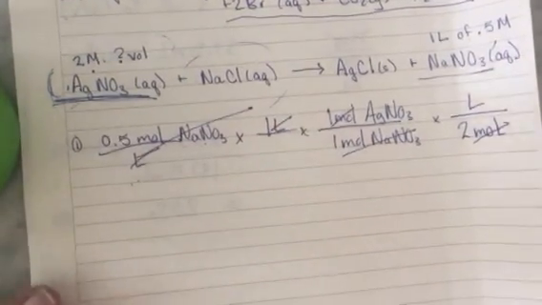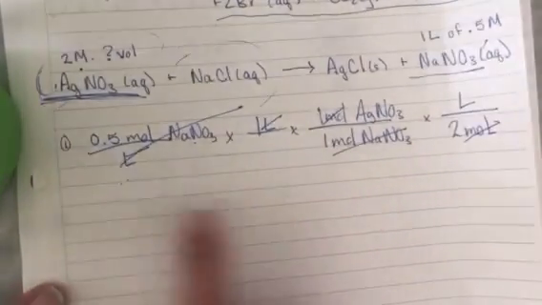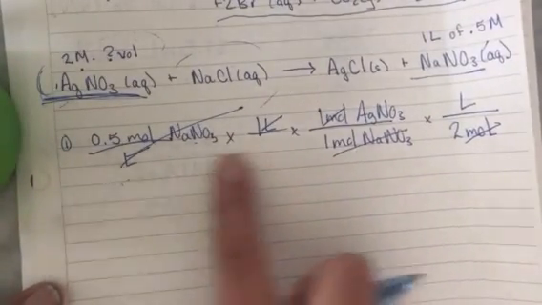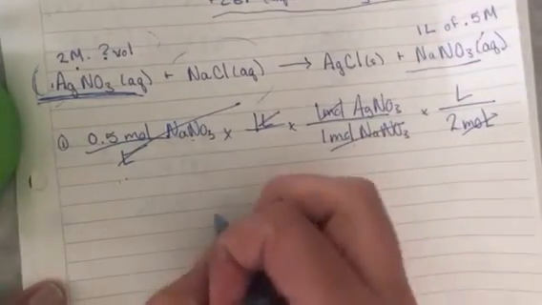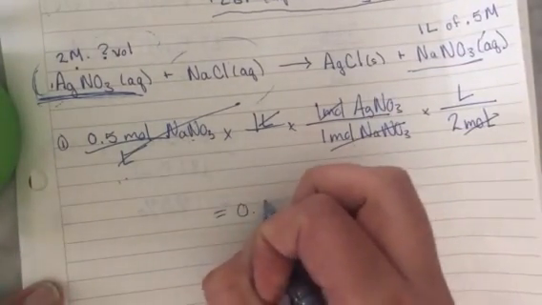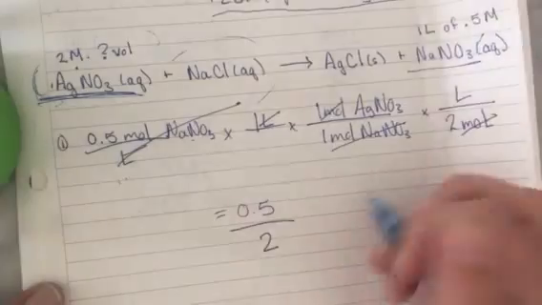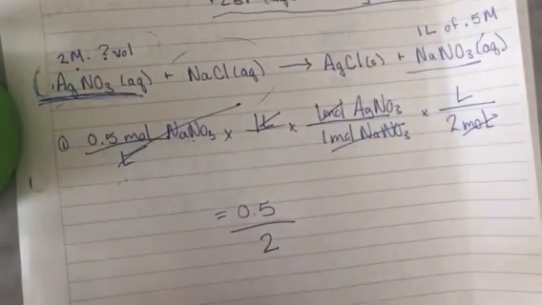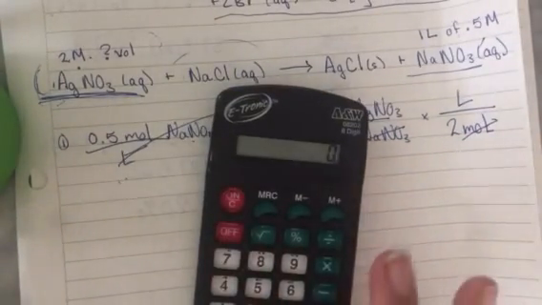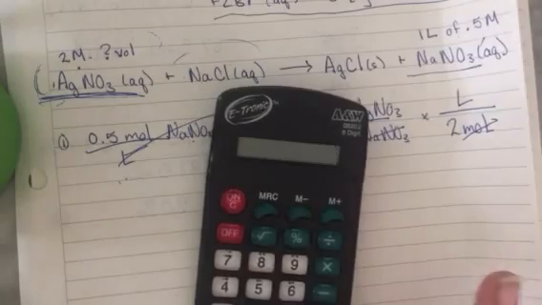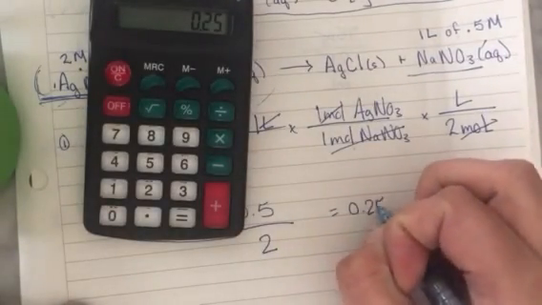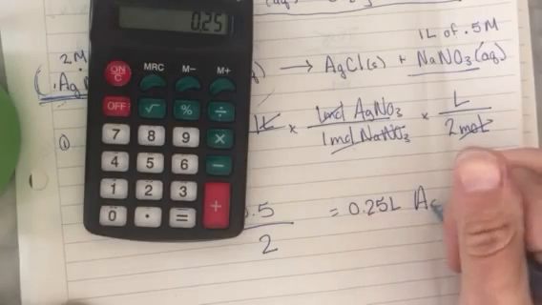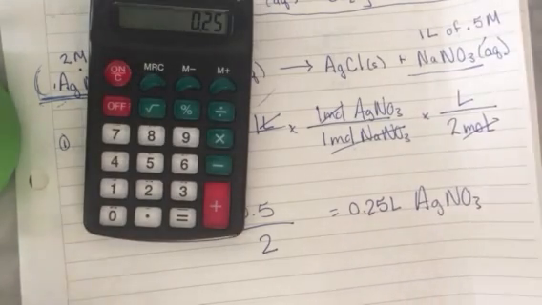I want the volume. So this is just 0.5 times 1 divided by 1 times 1 divided by 2 breaks down to nothing but 0.5 divided by 2, which, if my math is right, is 0.25. 0.5 divided by 2 is equal to 0.25 liters of sodium nitrate.